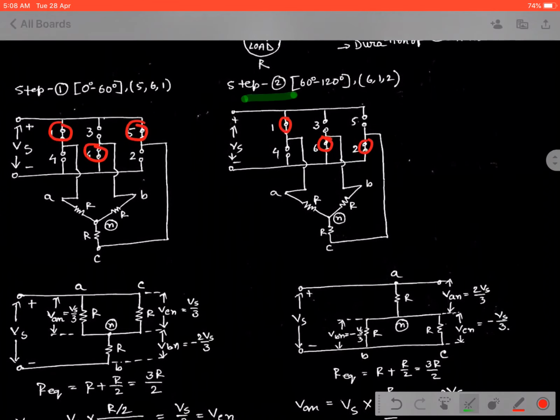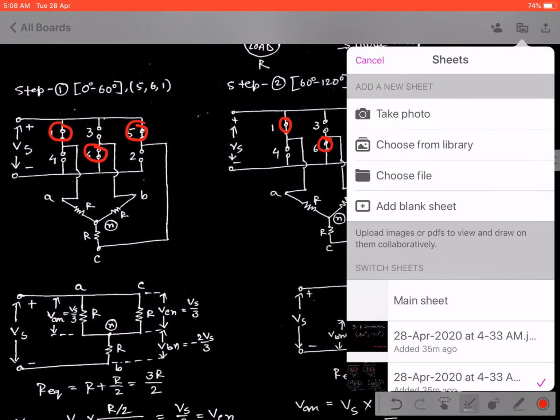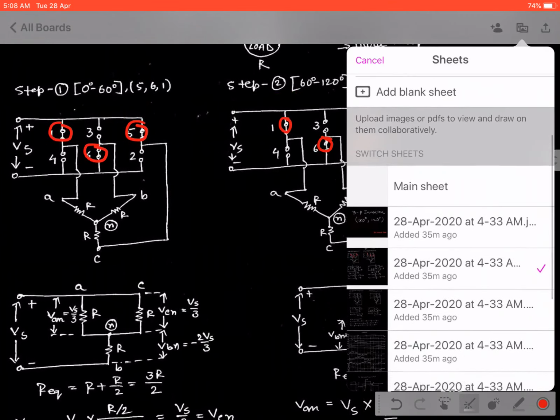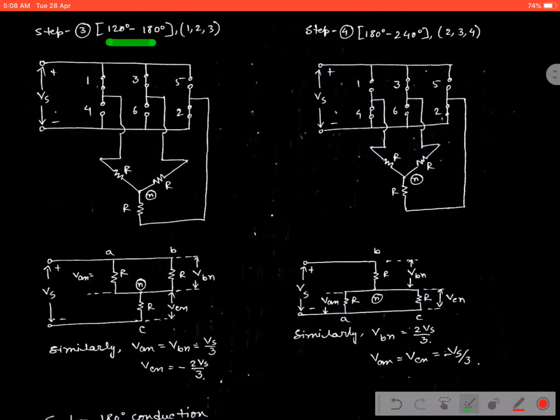Now another two mode operation, that is step 3. In this case, the same thing can happen. In case of step 3, where the conduction duration is 120 degree to 180 degree, the switches 1, 2 and 3 remain in on state.